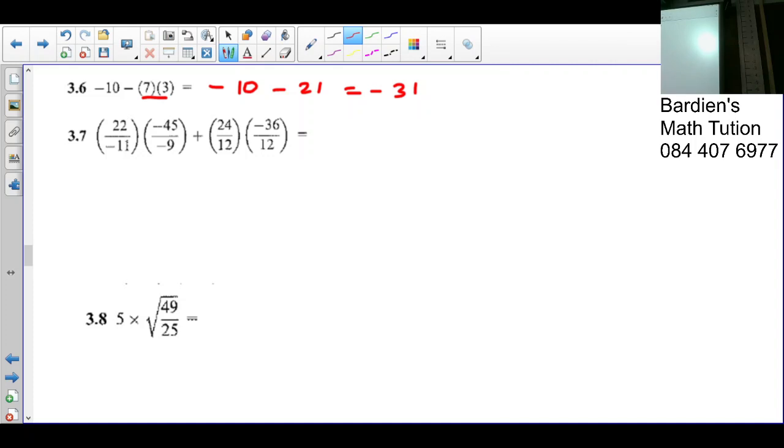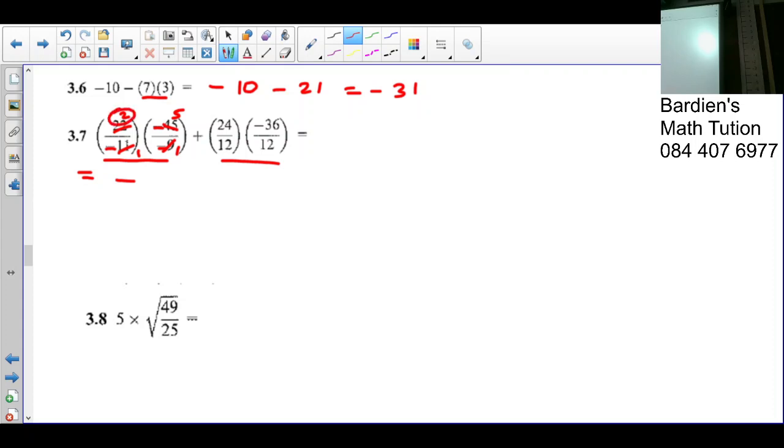The next one, according to BODMAS, I'm going to do the brackets first. We're going to simplify. You all agree that the brackets mean to multiply? Yes. So what's negative times a negative? Positive. 11 goes into 11 once, into 22 twice. 9 goes into 9 once, 9 goes into 45 five times.